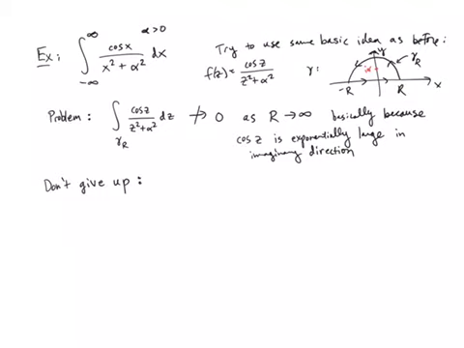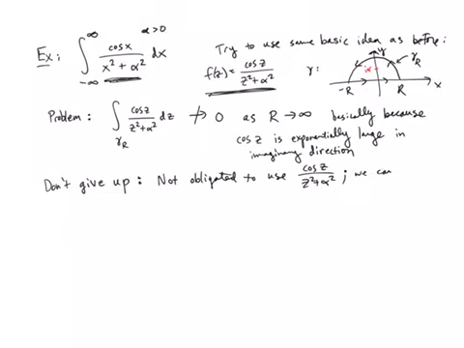We're not obligated to pick this as our f of z function. We can pick whatever function is convenient to us as long as it's somehow related to the function that we're trying to integrate. So we're not obligated to use cosine of z over z squared plus alpha squared.